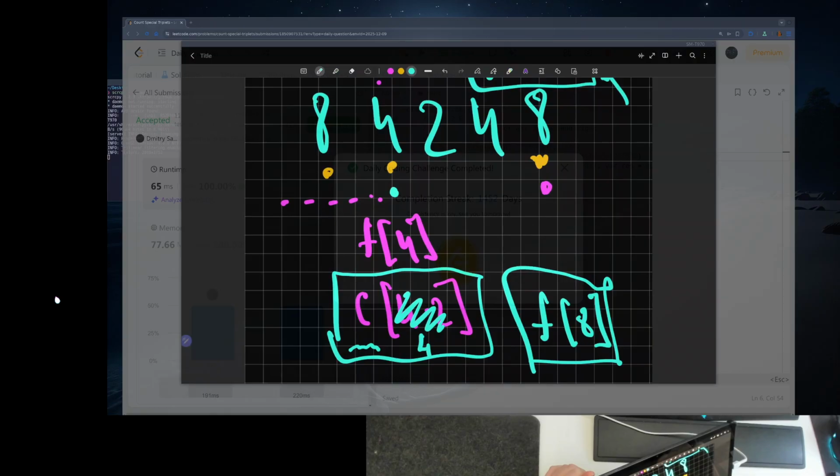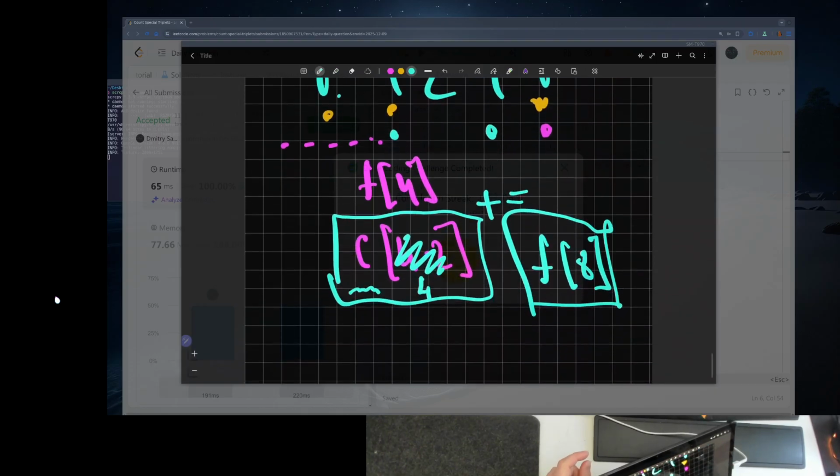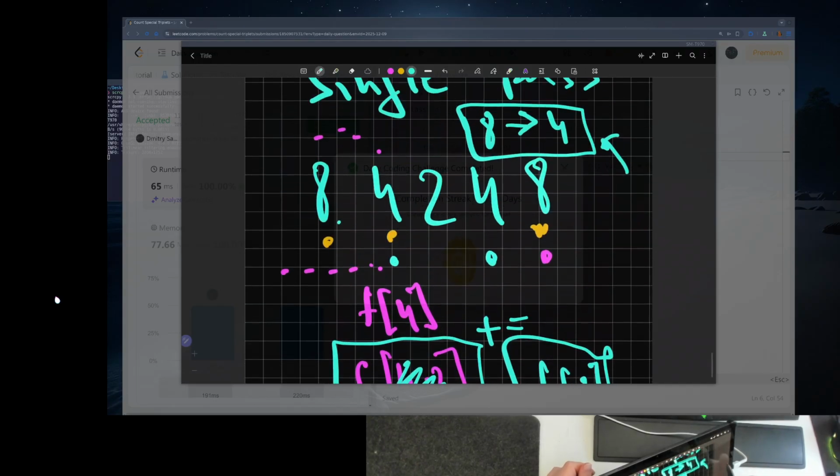So if we meet another 4, we should know how many 8s we have before. And if we have some 8, we do it like this, plus equal. So C4 plus equal F8, the frequency of 8.